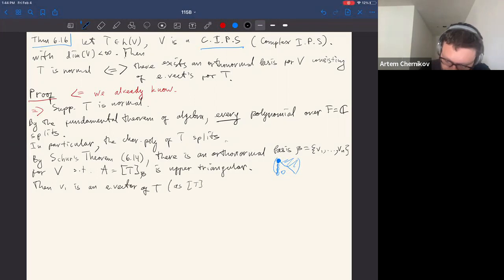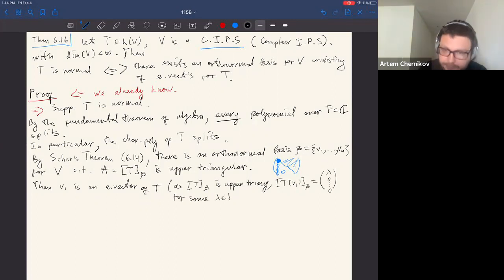Because, again, let me repeat what I just said. Since the matrix is upper triangular, the column vector representing the coordinates of T V1 with respect to beta has the form lambda, 0, 0 for some scalar lambda in F. Okay, so we have that T of V1 is equal to lambda V1. Okay, so this demonstrates that it is indeed an eigenvector.